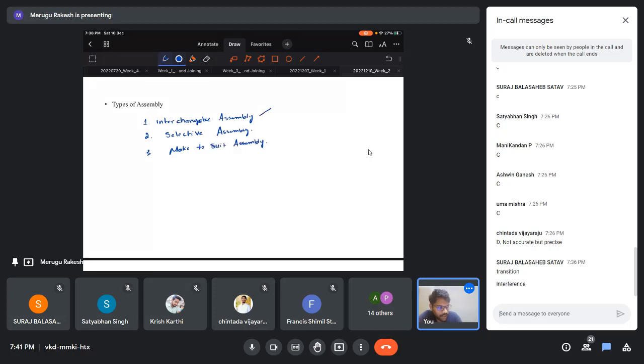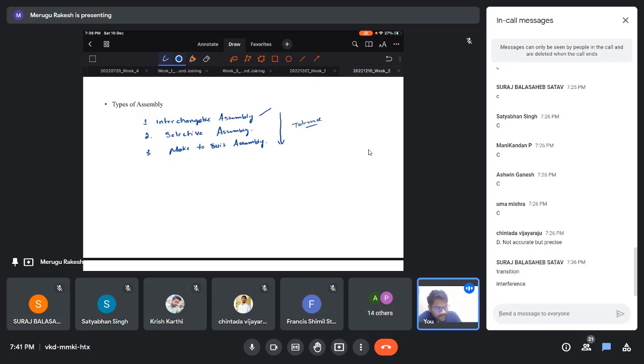So I can make a simple definition. As you go from top to bottom, meaning interchangeable, selective and make to suit assembly, the tolerance I am providing will decrease. In interchangeable assembly, I have this width of tolerance.